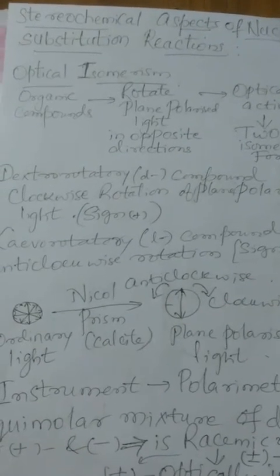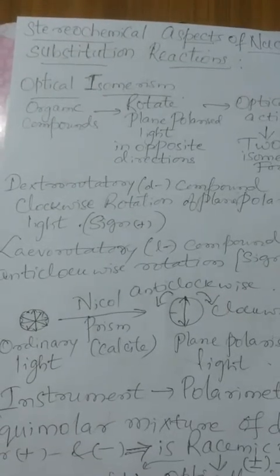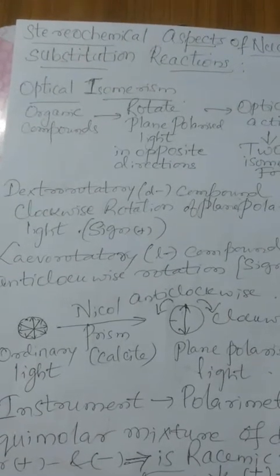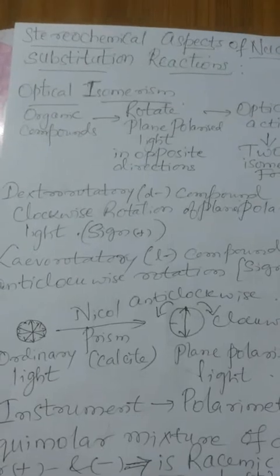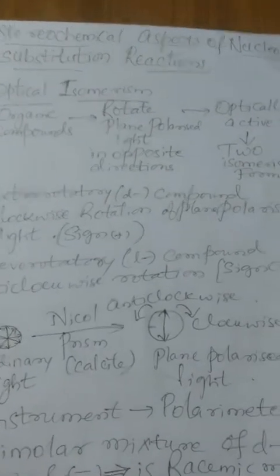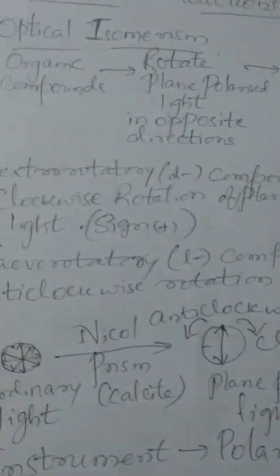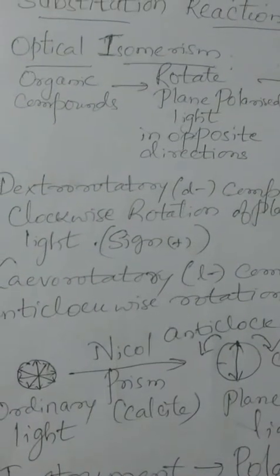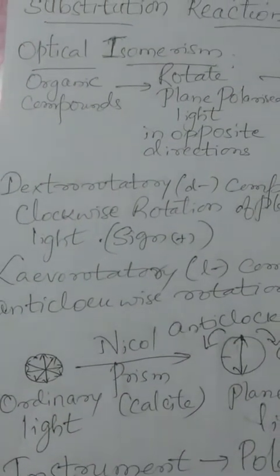This term dextrorotatory comes from the Latin term dexter, which means right. It is indicated by the plus sign written in brackets. So that is the d compound or dextrorotatory compound.